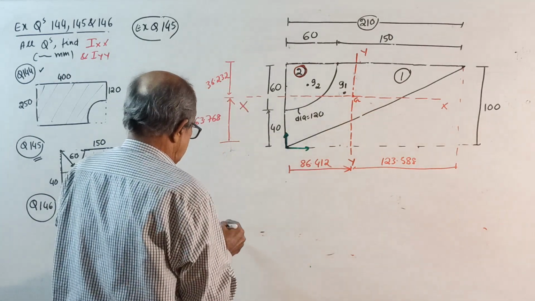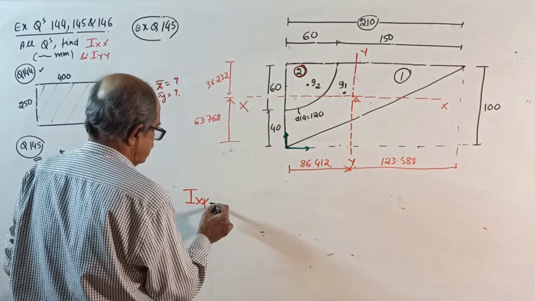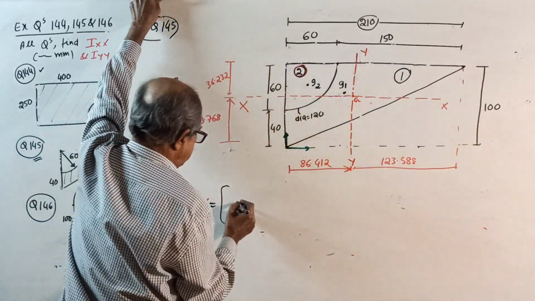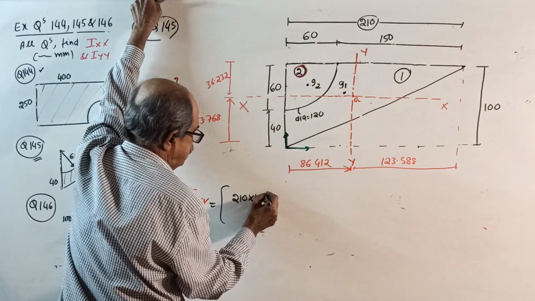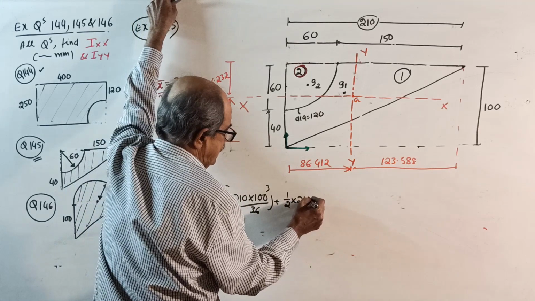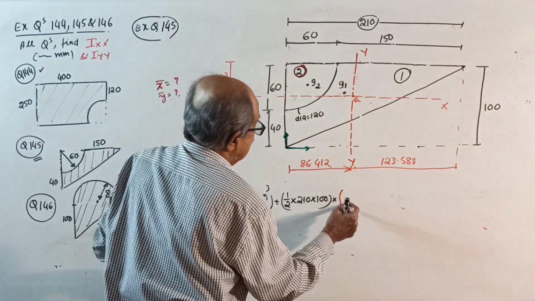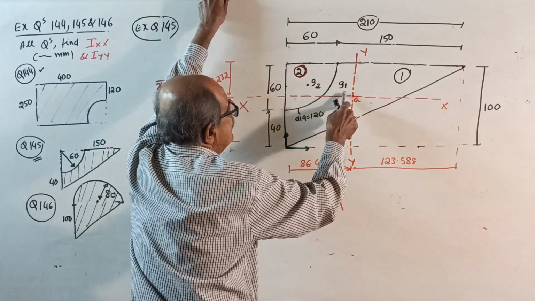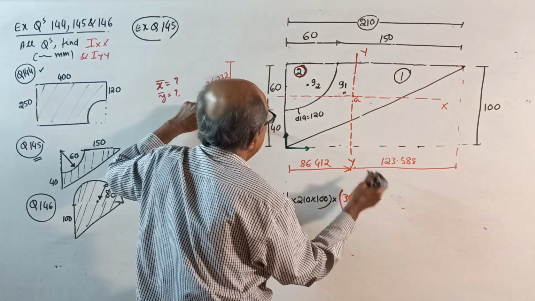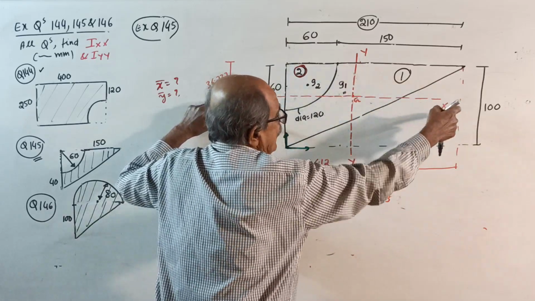G, okay. Start. IXX. I about its own centroid axis: 210 into 100 cube divided by 36, Ig, plus half into 210 into 100, the area into, in red color, the distance from centroid G1 to XX squared, which is 36.232 minus 1 by 3 of 100, because this is 1/3 of 100.